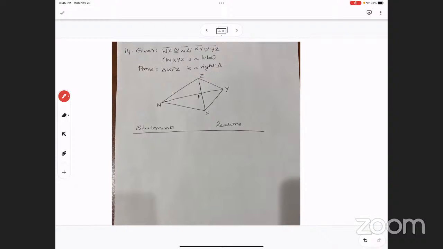Given that WX is congruent to WZ and XY is congruent to YZ, and they're basically saying that that's a kite. So you know one of the properties of kites.